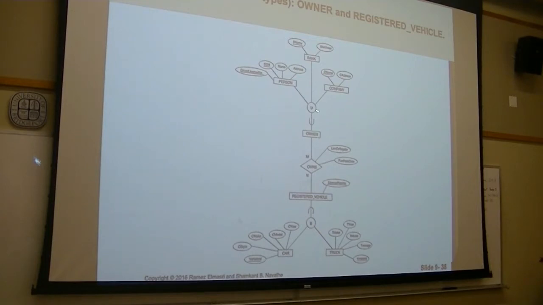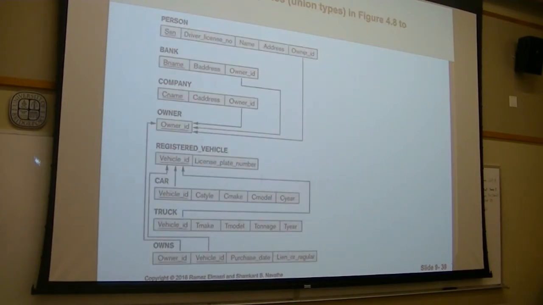Then for the others, we can select one of the options, just like in step A: one table for each, or combined, and so on. This is one example, the first option. We can see the person, bank, and company, and owner. So we are going to create the owner ID as a surrogate key.